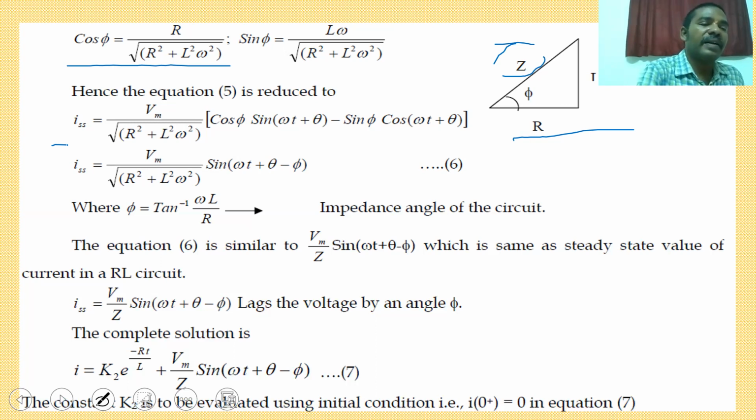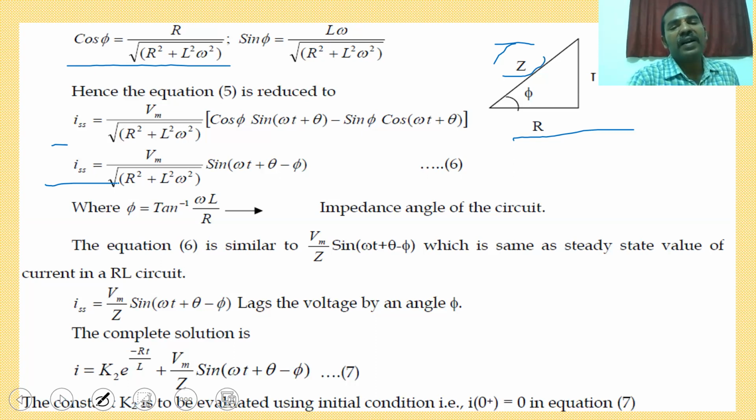Or you can write it as cos A sin B minus sin A cos B. So Vm divided by root of R square plus L square omega square sin omega t plus theta minus phi, where phi is tan inverse of L omega by R. And Z is the magnitude, root of R square plus L square omega square.